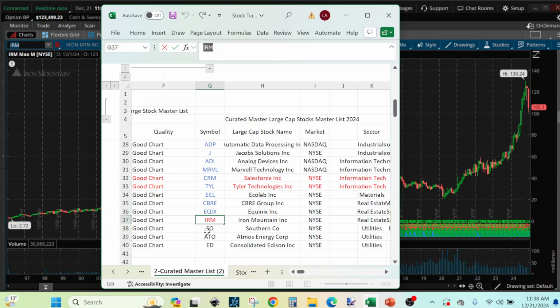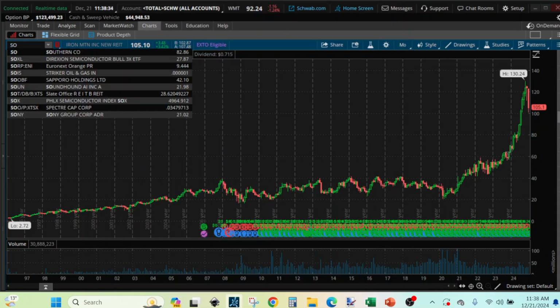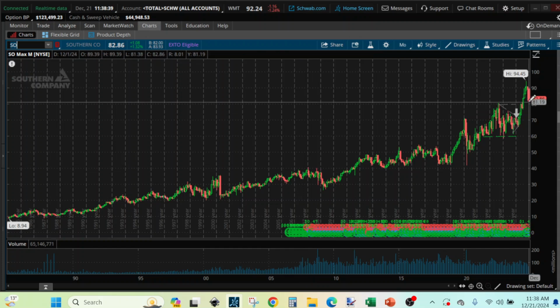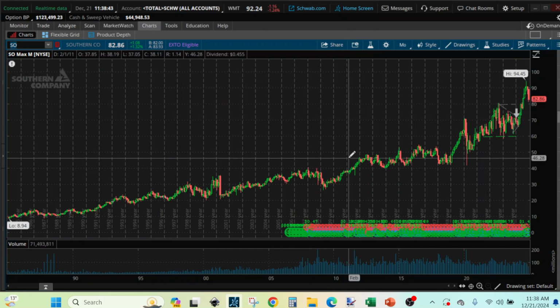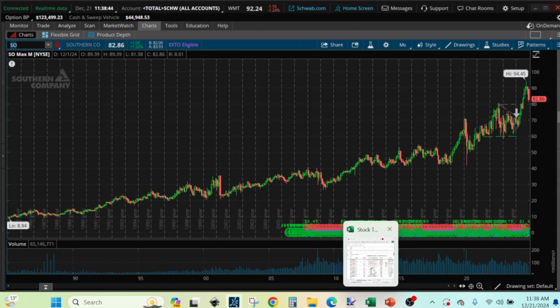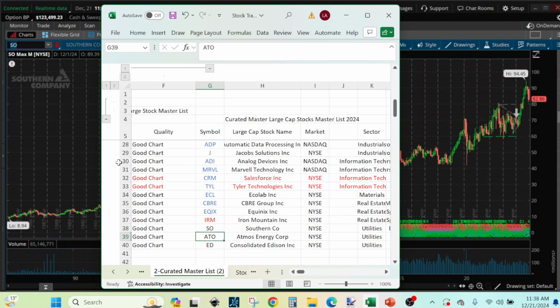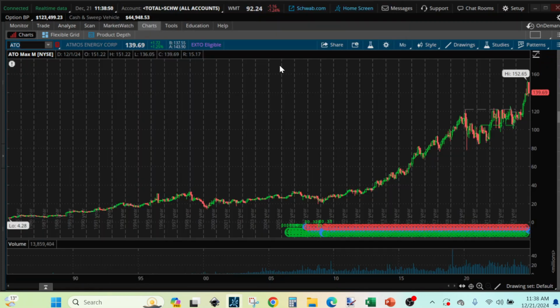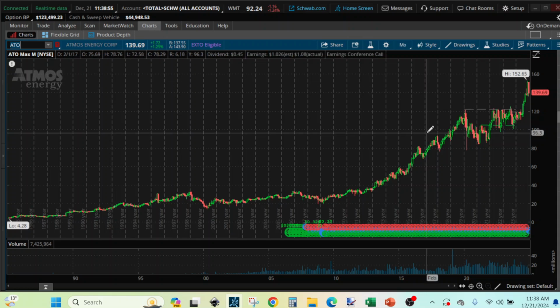I was looking at here and I said, okay, 145, and I'm in my 30s here, so I have a long way to go. But since we are eliminating as we go, it shortened the list. So the price is here above the prior year high, so a keeper. For now, ATO, the price is there above the prior year's high, so we keep it.